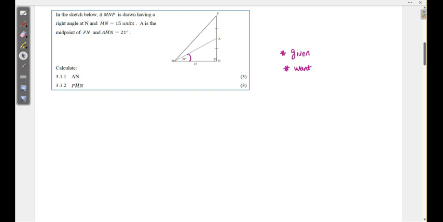And then you are given a side, which is MN. You are given MN. Now you're going to say, what is the relationship between the side I'm given and the angle, either the angle I'm given or the angle I'm looking for.